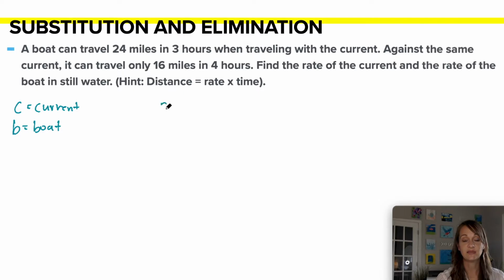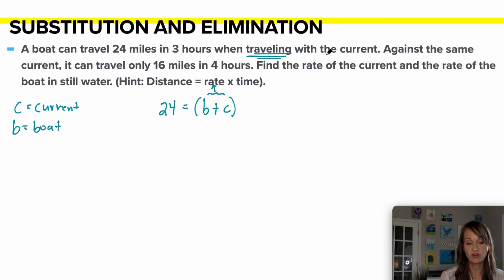The distance that the boat traveled is 24 miles. The rate of traveling with the current is the boat speed plus the current speed, so you add them together, and you multiply that by time. It took 3 hours. Against the current, it only travels 16 miles, so the distance is 16 miles.